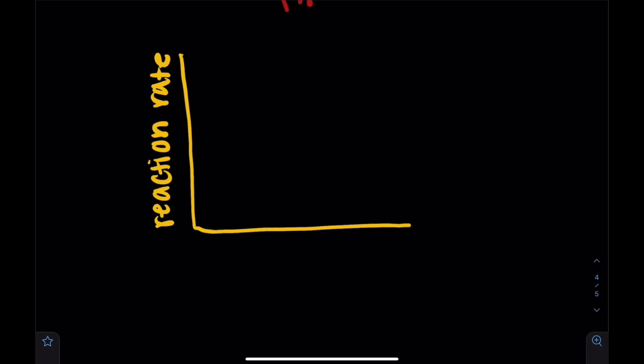And then here is going to be our substrate concentration. So remember, our substrate is what binds to our active site. It's the key to our lock and key model. So the more substrate you have, the faster the rate of the enzyme activity is going to be.